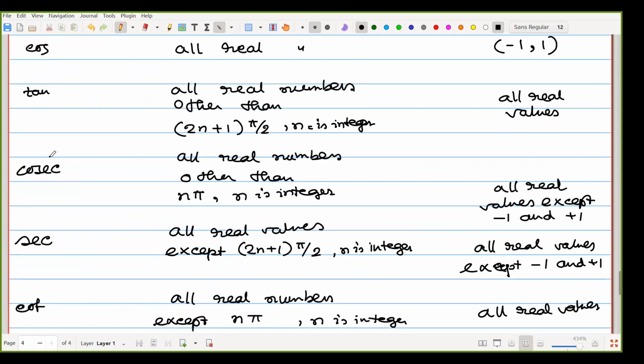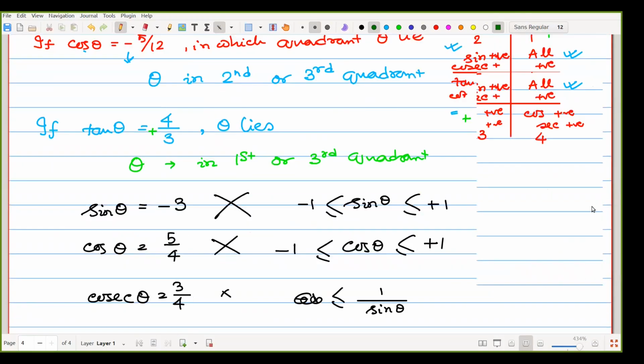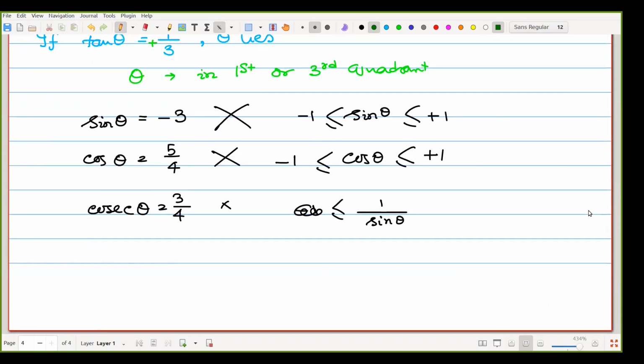Check. Already we have written here that the cosec has all real numbers other than n pi and all real values except -1 to +1. Okay. Same as if we have sec theta is equal to -4/5, that is also not possible.